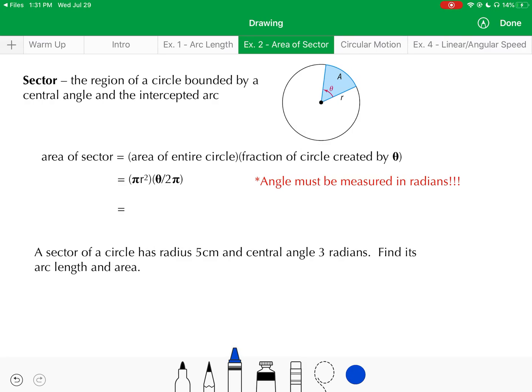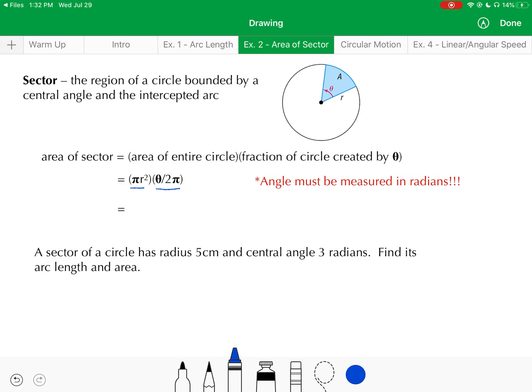Well, we know that the area of an entire circle can be found with the formula pi r squared, right? And then the fraction of the circle created by theta can be found by theta divided by 2 pi, okay? Well, why 2 pi? Because there's 2 pi radians in one complete circle, okay? Now notice, to utilize this formula, my angle has to be in terms of radians as well.